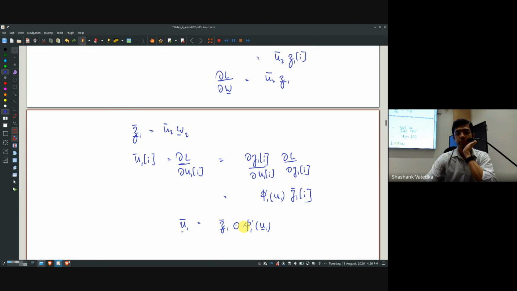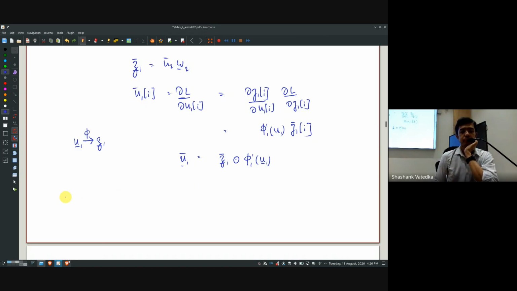Questions? Again, essentially all we're doing is looking at it step by step. You have U1 and apply an element-wise mapping phi1 to get Z1. Okay, now let's go to the last step.